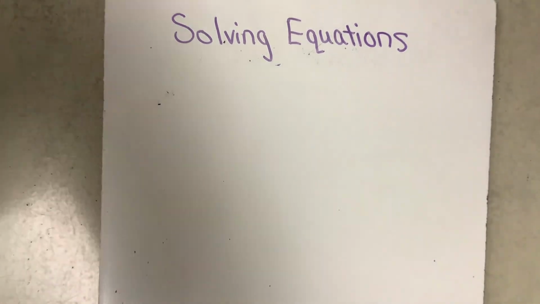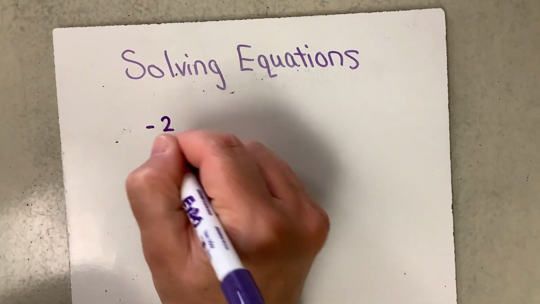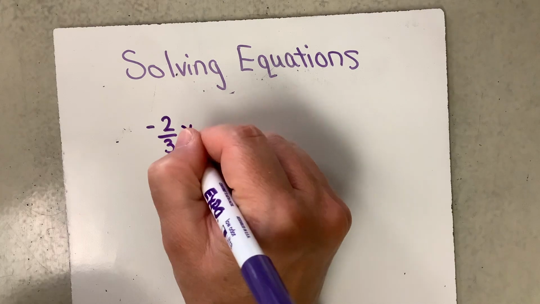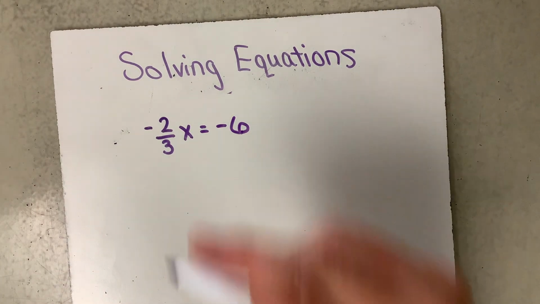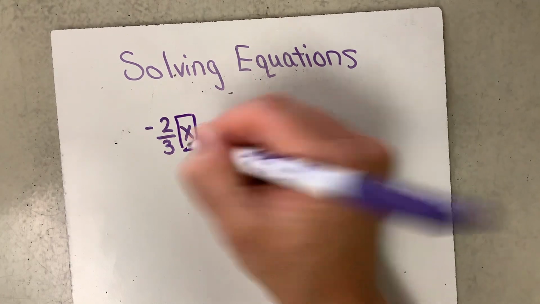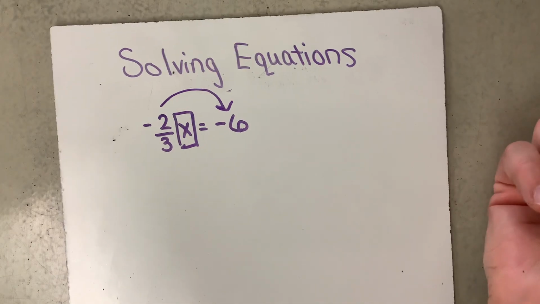Okay, so we're going to look at negative 2/3 x equals negative 6. Okay, well, I know I need to get x alone. I know I have to get the negative 2/3 to the other side.